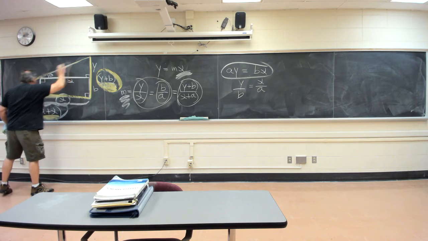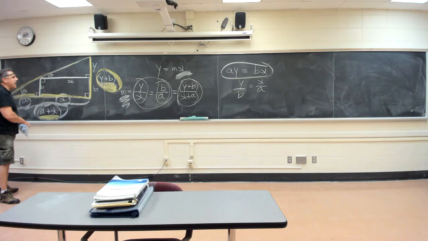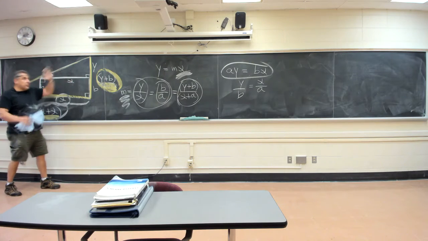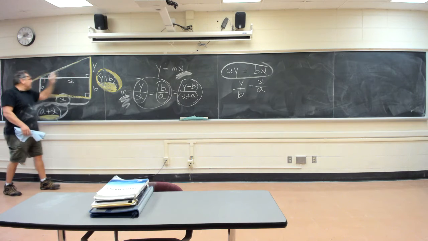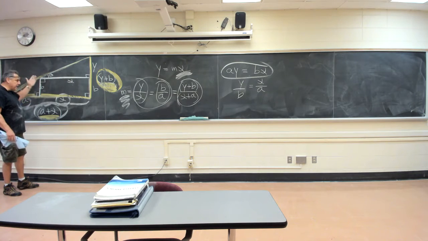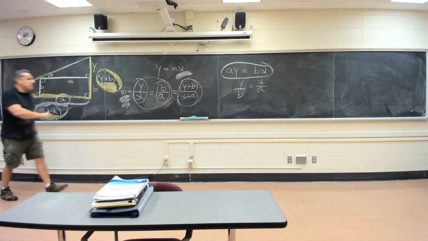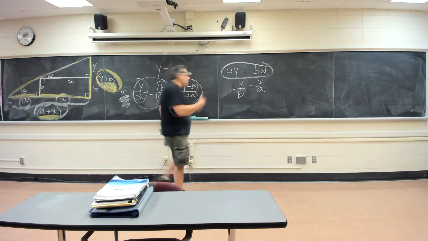So y divided by b equals x divided by a. The two rises, because they're in two different triangles, divided by each other is a ratio which is equal to the two runs divided by each other.